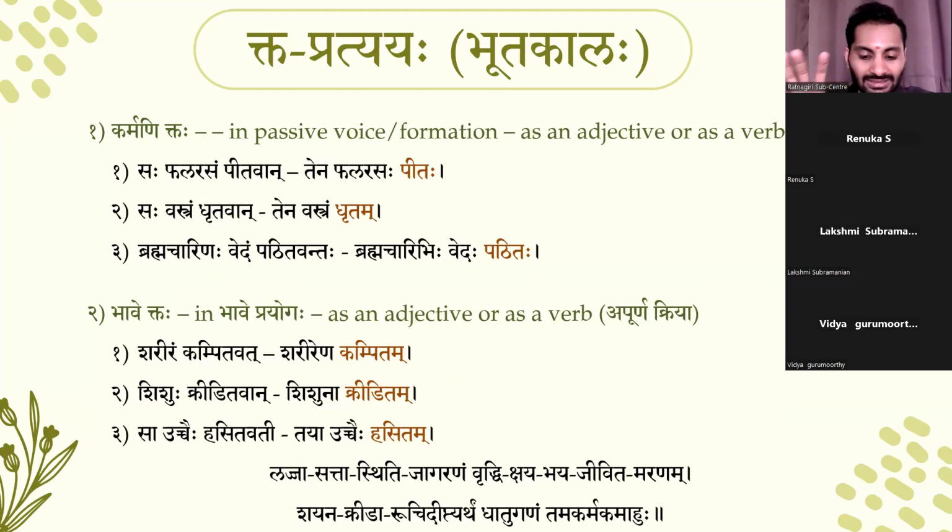If you find similar meanings, sthiti, jagaranam, jagarati, vriddhi, vardhate, kshaya, kshiyate, apakshiyate, bhaya, dhriti, jivati, mriyate, shete, mudrati, kridati, vriyati, rochate, vitti, vityate, vyotate ityadi. Eteshu artheshu yad yad dhatu labhyate sah akarmakah dhatuh iti smartavyam.